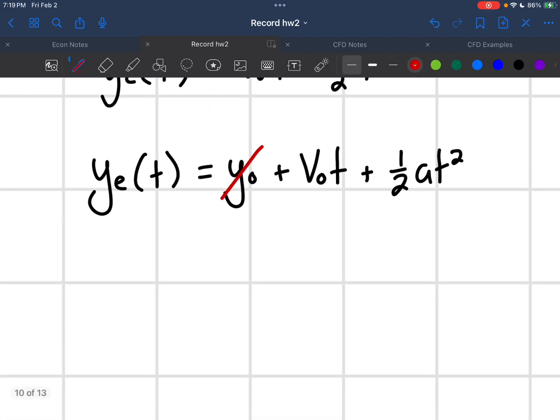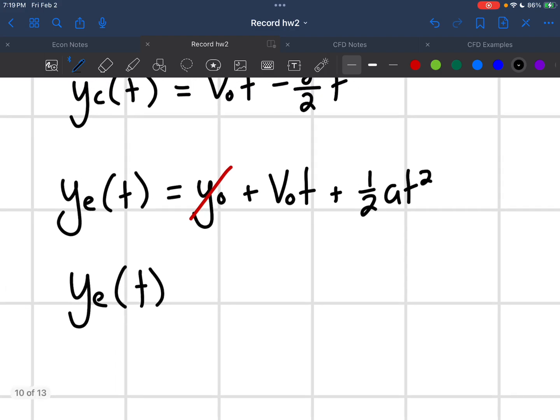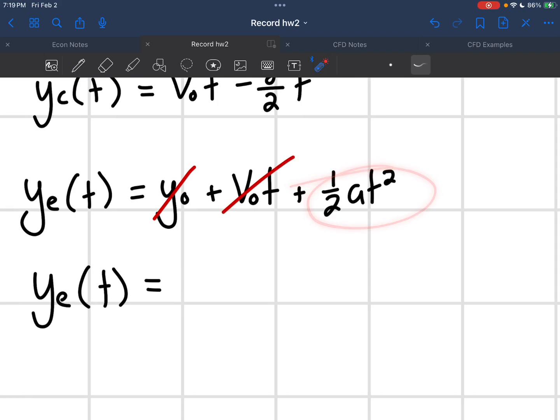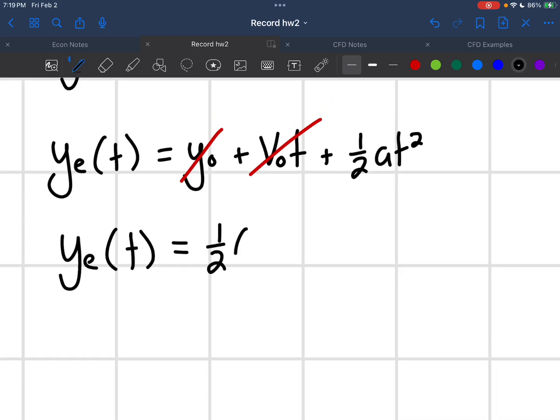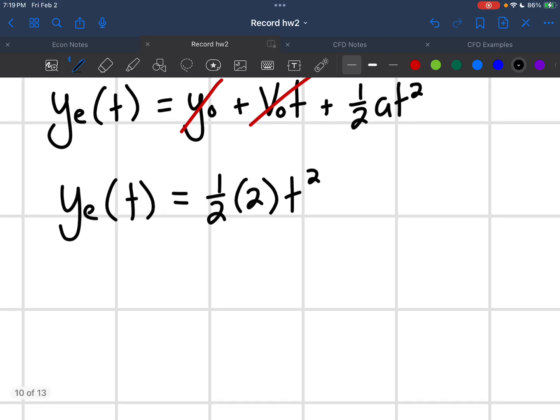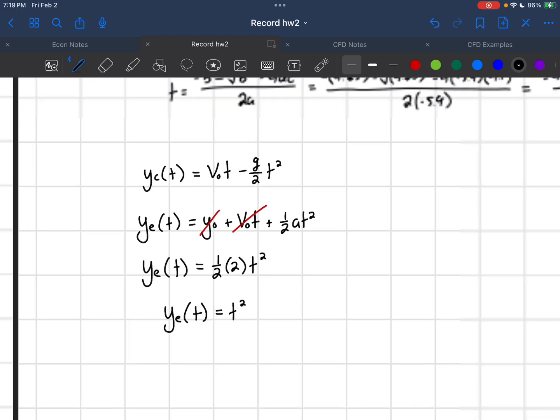So my initial position of the elevator floor is going to be 0. The initial velocity of the elevator floor is also 0, but the acceleration of the elevator is still 2 meters per second squared. So I set that up. And again, that'll simplify down just like it did before. 2 over 2 leaves me with t squared.